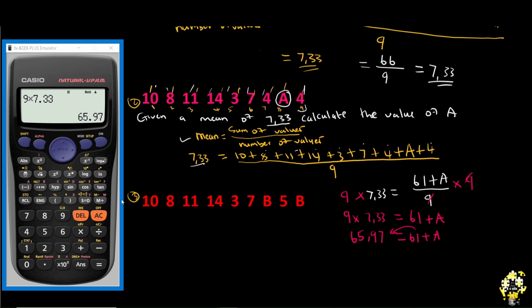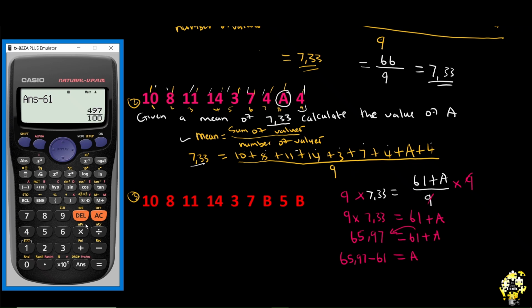Well, it's simple. Because 61 is a positive, if you have watched that video by now, you understand when we send him to the other side, it will become a negative. So then we are going to have 65.97 minus 61 is equals to A. The answer is already there. 65.97 minus 61.